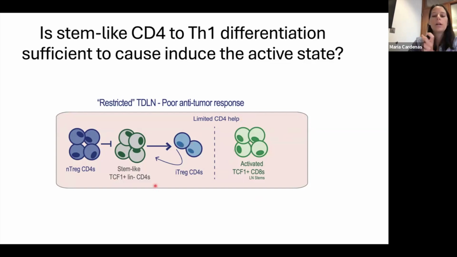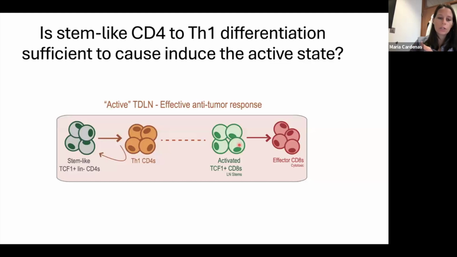And it's not until these cells get to the tumor that they undergo effector differentiation. In stark contrast, though, when we have an active response and we have a Th1 population that arises, some help happens here so that now we have stem-like CD8 T cell differentiation towards effectors, and we get an active anti-tumor response.